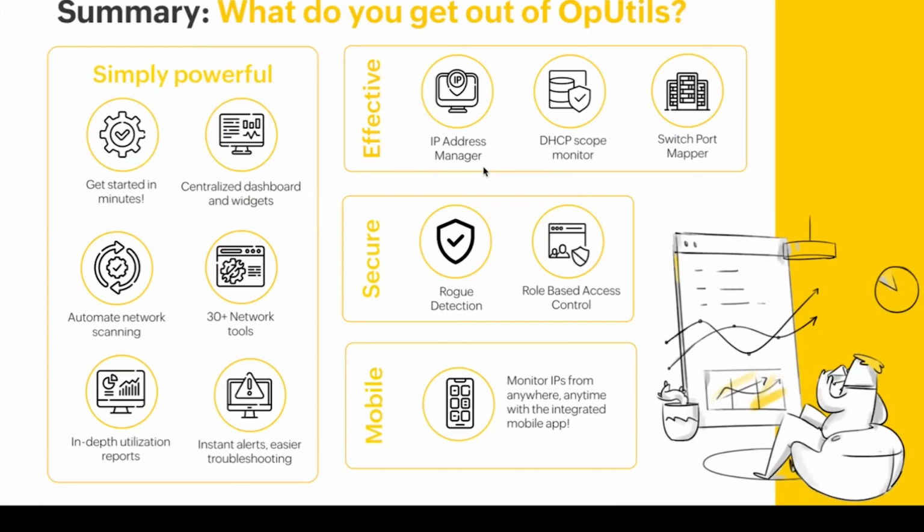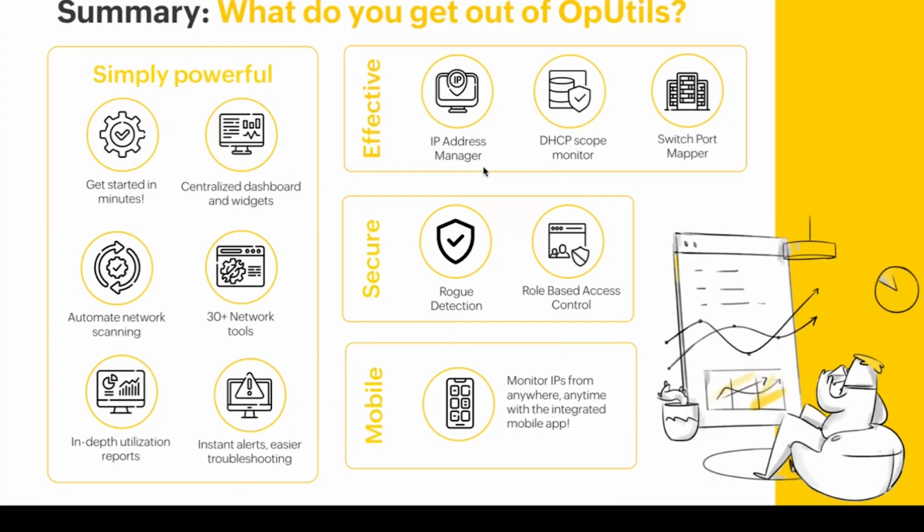All these modules are integrated with each other and will give holistic visibility into your network address space. It will help you run advanced IP scanning, IP address tracking, end-to-end switchport mapping, and it will also help you simplify your DHCP monitoring.